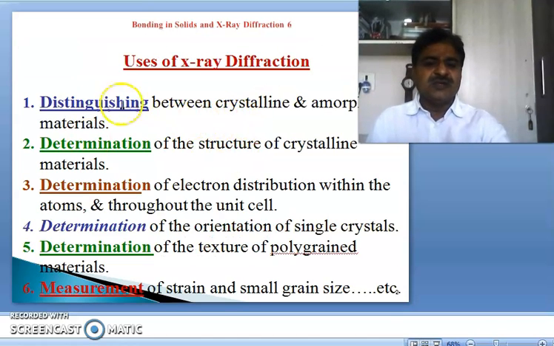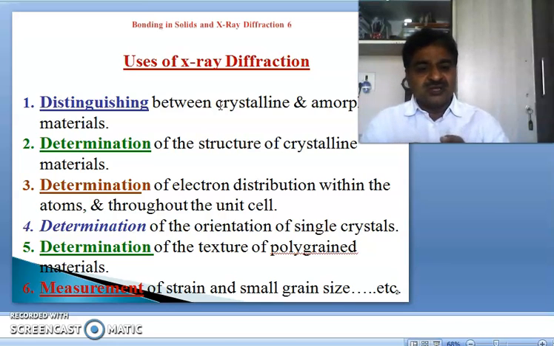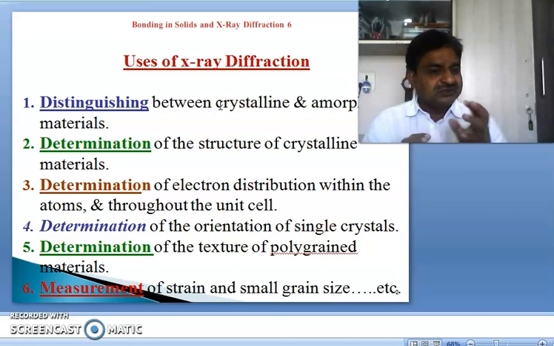The uses of X-ray diffraction. X-ray diffractions are used to distinguish crystalline and amorphous materials, to study the structure of crystalline substances, to determine the distribution of electrons within the atoms throughout the unit cell. It can be used for the determination of the orientation of single crystals. It is also used for the determination of texture of polycrystalline materials.